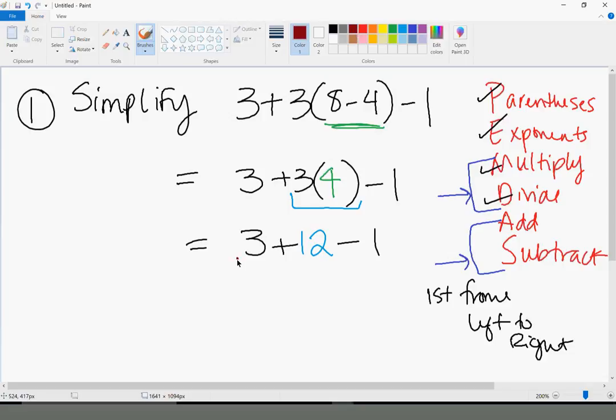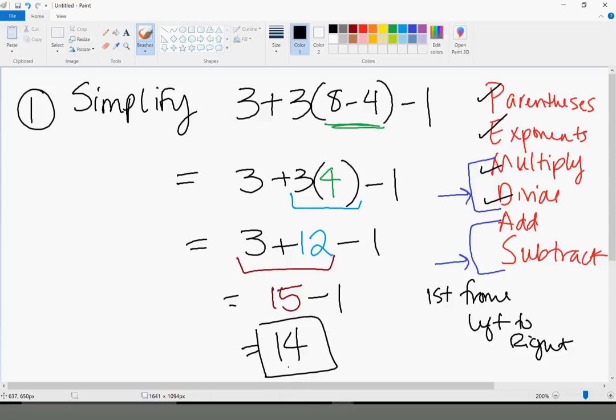We start by doing 3 plus 12, which is 15. Then we bring down that minus 1, and 15 minus 1 is 14. So your final answer is 14.